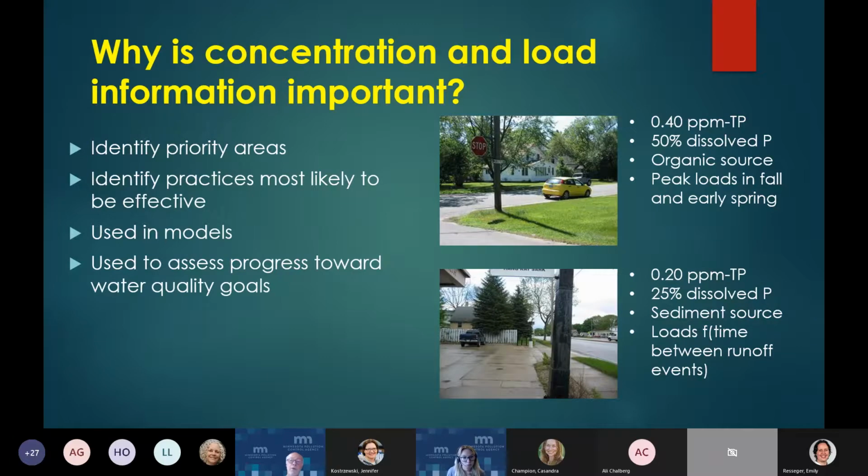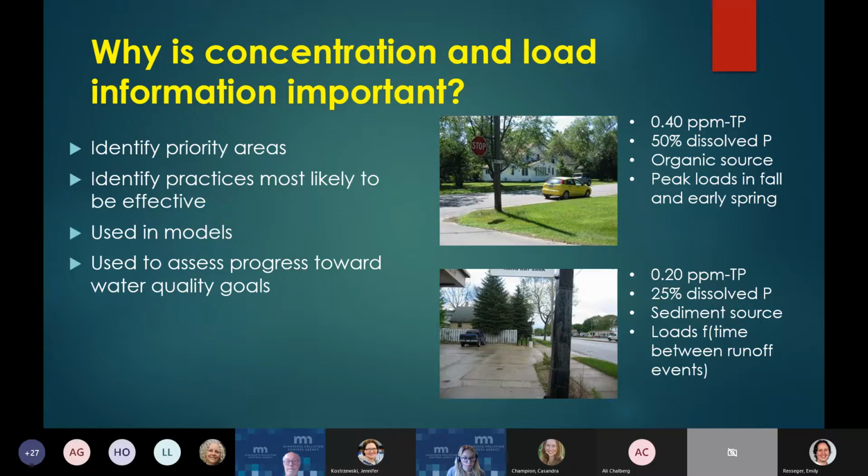What practices can we do to go after that? Compared to this commercial industrial, mixed land use area in the lower image, where we have about half the total phosphorus in the runoff, and a lot of that is going to be attached to sediment. So that's going to drive the best management practices we recommend for that particular land use.